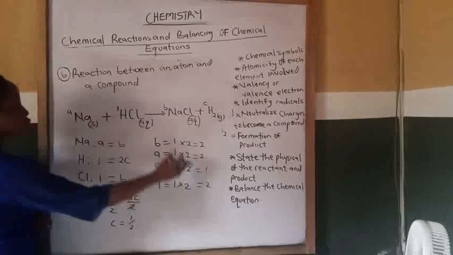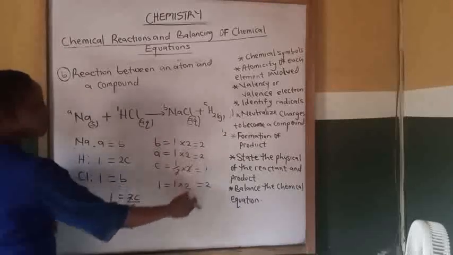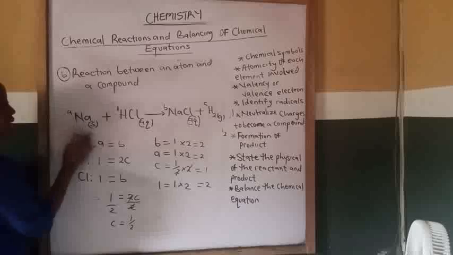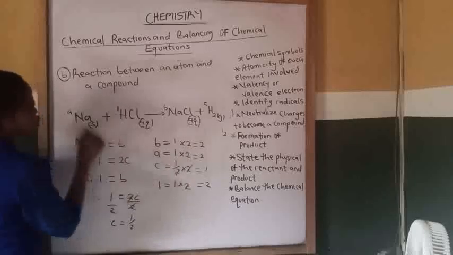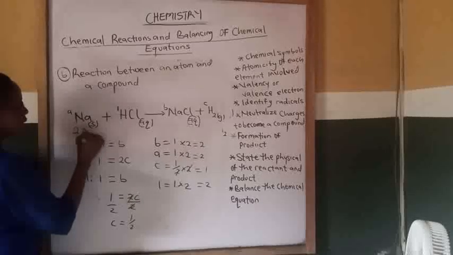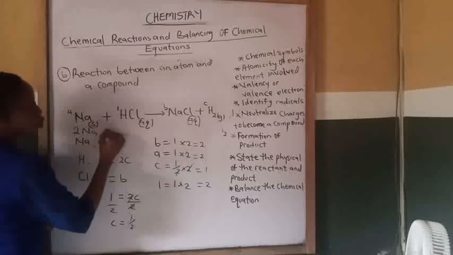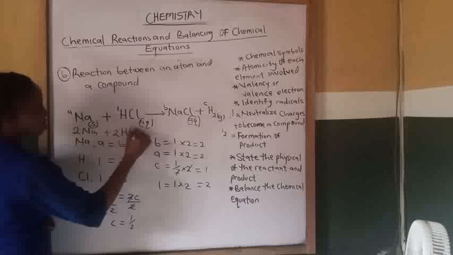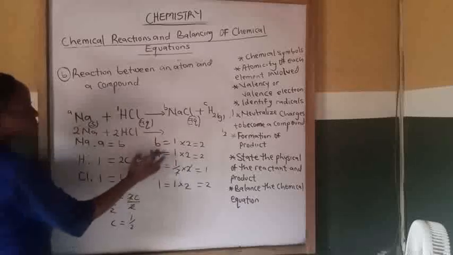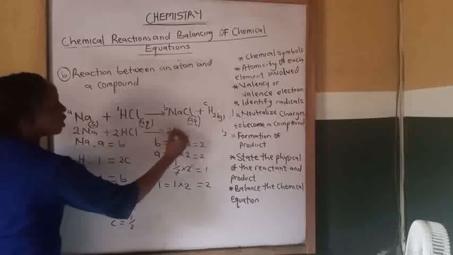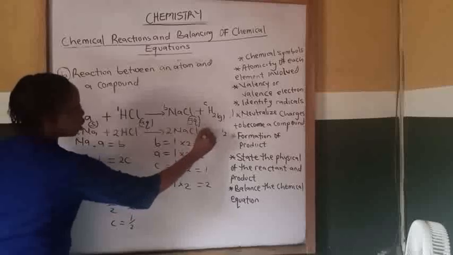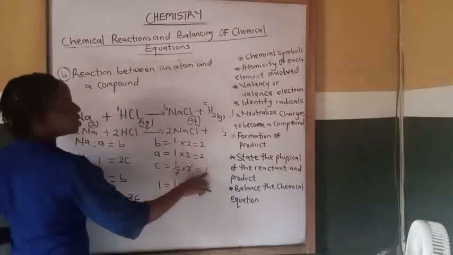So you can now substitute the following values into the chemical equation. So our A is 2. So that will be 2Na. Then the coefficient 1 is now 2 plus 2HCl equal to my B is 2. So 2NaCl plus the coefficient C is equal to 1.